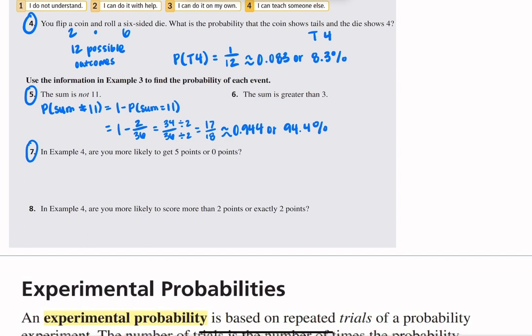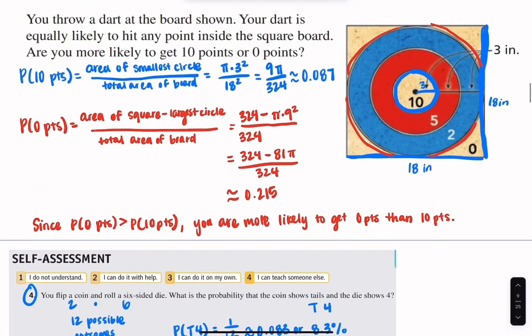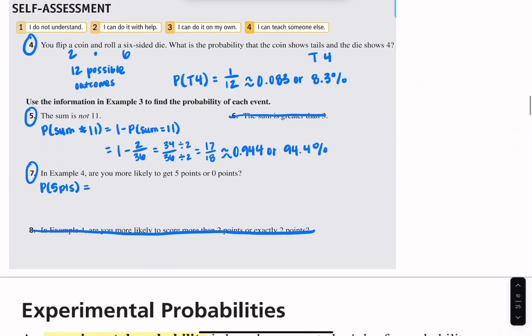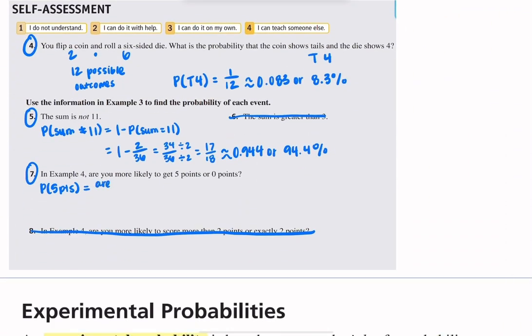All right, and then number 7, in example 4, are you more likely to get 5 points or 0 points? So we're going to find the probability of 5 points. And that is the area of the red circle minus the brown circle in between, over the total area, which we already found was 324.